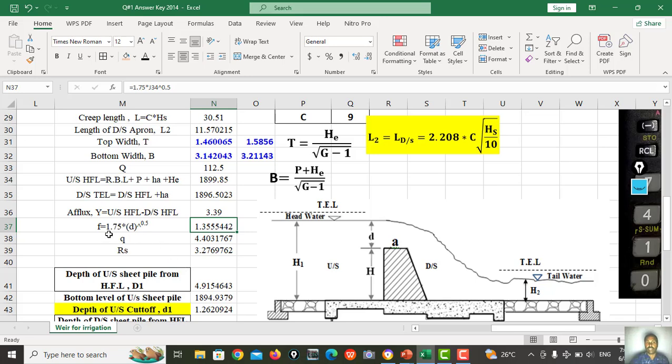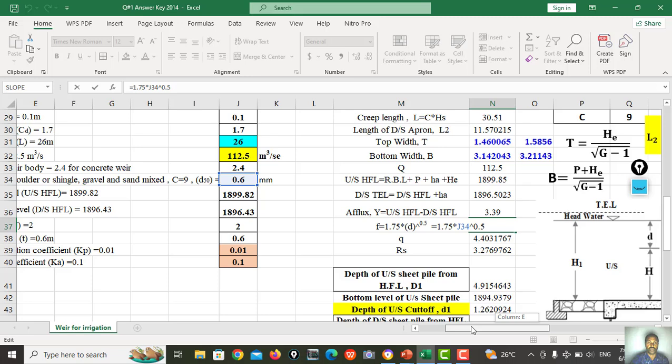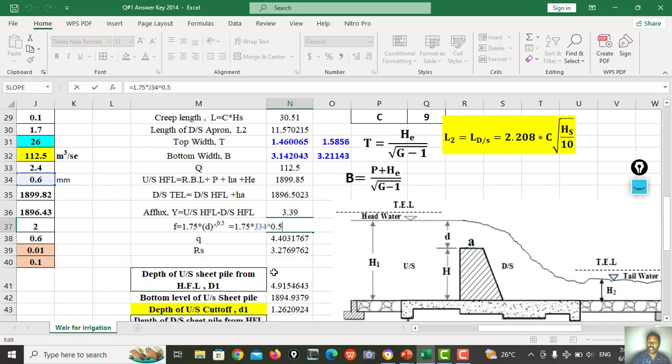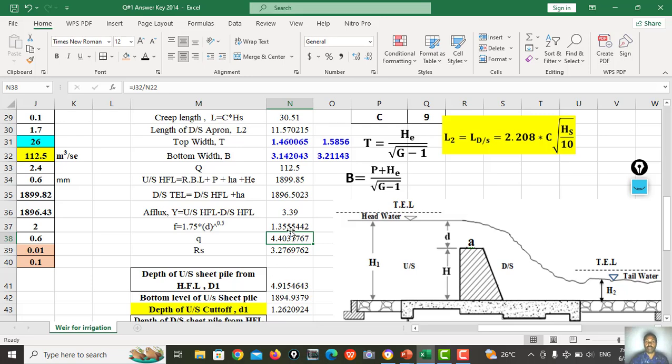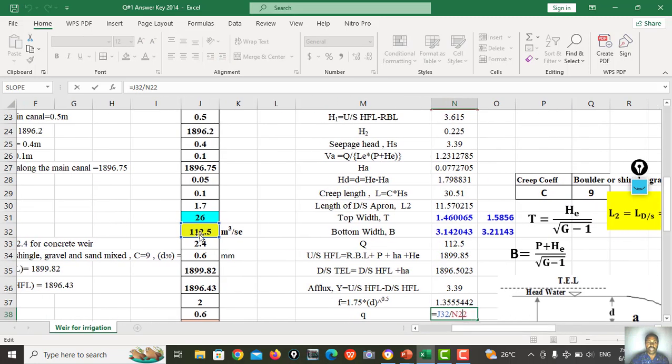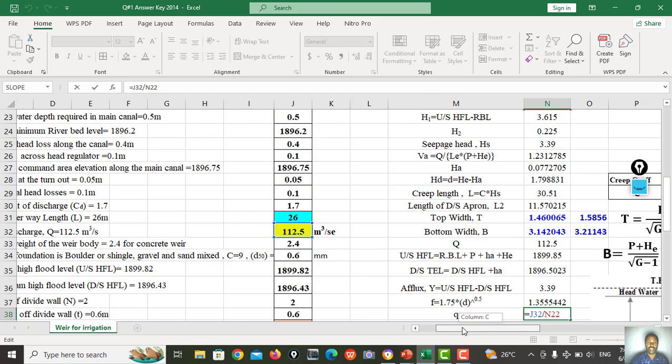Then silt factor, which is 1.75 square root of D, the average diameter of silt particle. Already we have this one, 0.6 millimeter average diameter of silt particle. Then you get 1.3555.